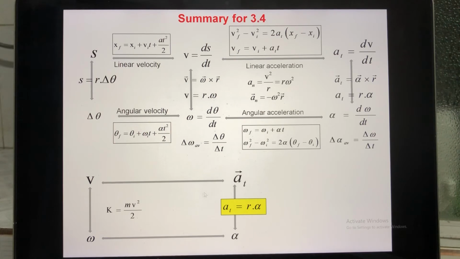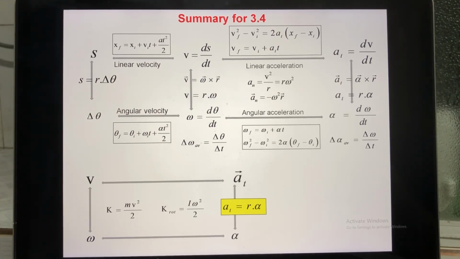Next, when you have a velocity, you can calculate the kinetic energy, okay? And when you have the angular velocity, you can calculate the kinetic energy of rotation. Okay, this formula, where I is the moment of inertia. You should remember it based on the shape of the object.